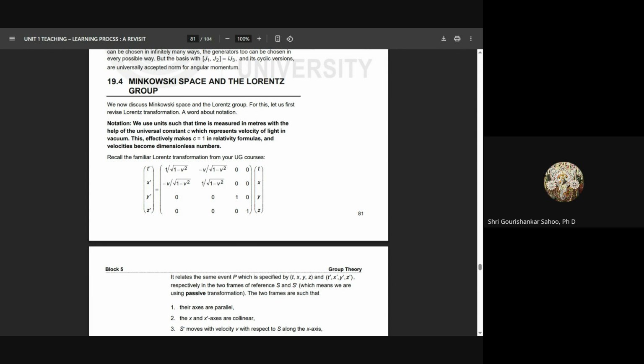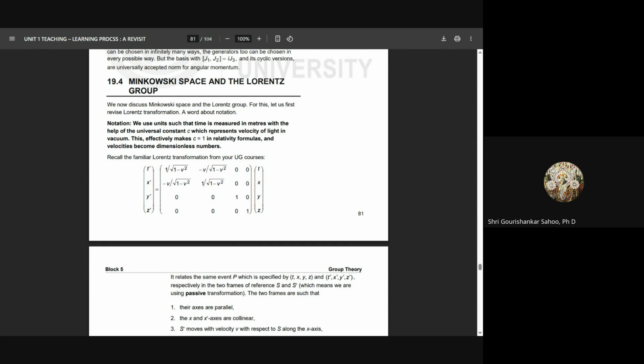So you can recall the Lorentz transformation from your theory of relativity classes. (t', x', y', z') in a column matrix equals the matrix with rows: 1 by root over 1 minus v square, minus v by root over 1 minus v square, 0, 0; minus v by root over 1 minus v square, 1 by root over 1 minus v square, 0, 0; 0, 0, 1, 0; 0, 0, 0, 1, multiplied by the column matrix (t, x, y, z).